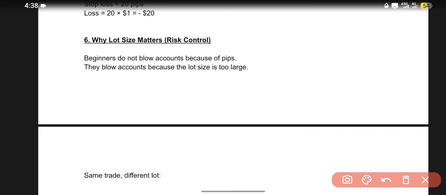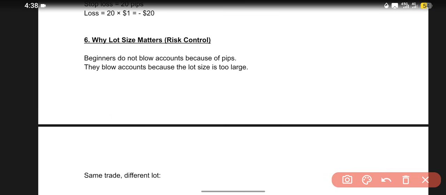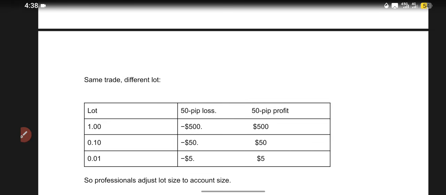So with just 10 pip movement, your $100 account is gone, negative. It's gone.